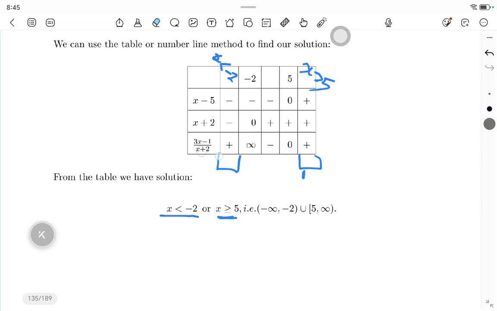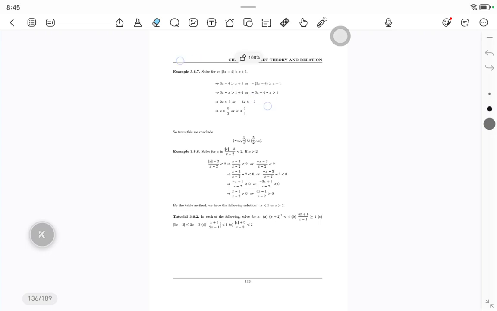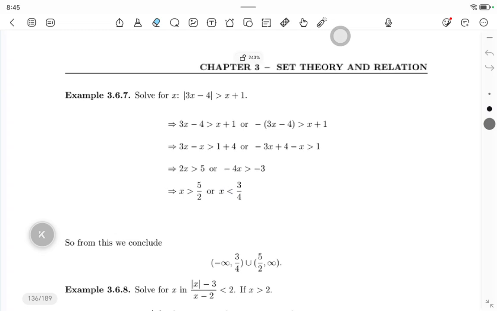So let's see the next example that we're given. On the next one, they say we should check the absolute value of 3x minus 4 greater than x plus 1. What we should focus on first is this side. This is not 0, so it means we can do something about it.